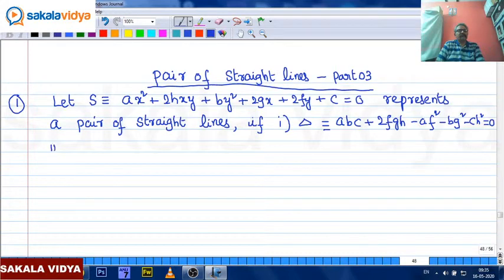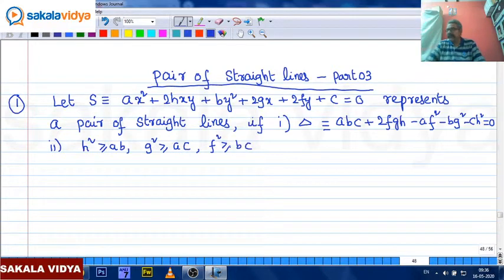The second point is h square greater than or equal to ab, g square greater than or equal to ac, and f square greater than or equal to bc.